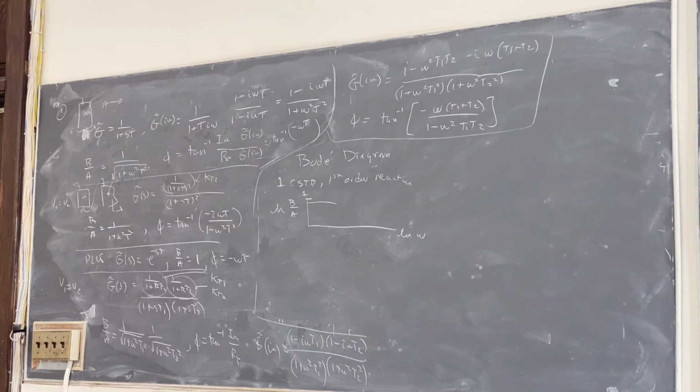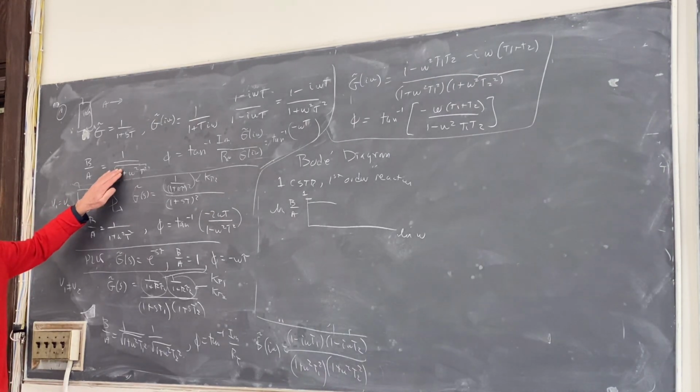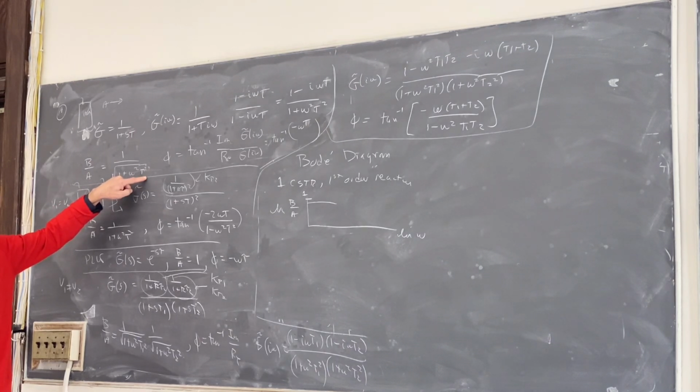But what happens at the other part? When omega is big, then I can forget about the 1. And the square root of the square is 1 over omega t. So the log of 1 over omega t is minus the log of omega.